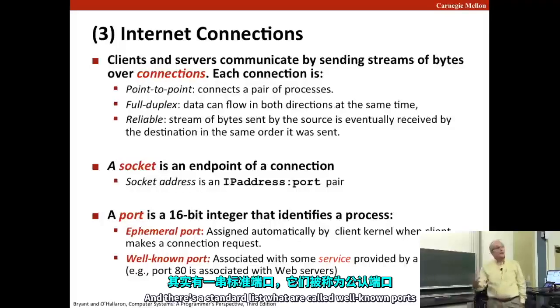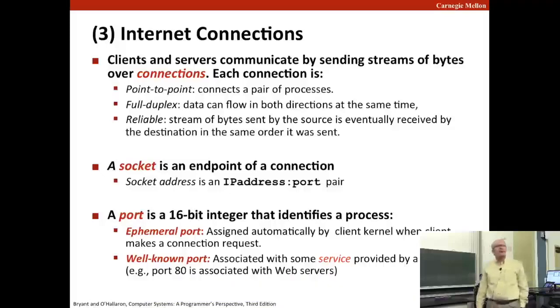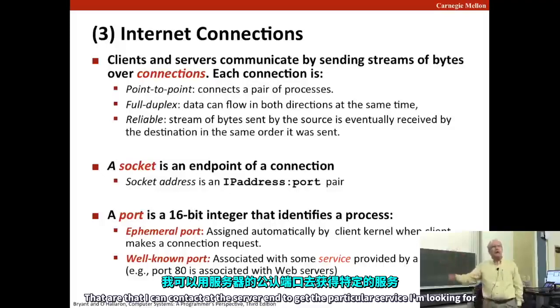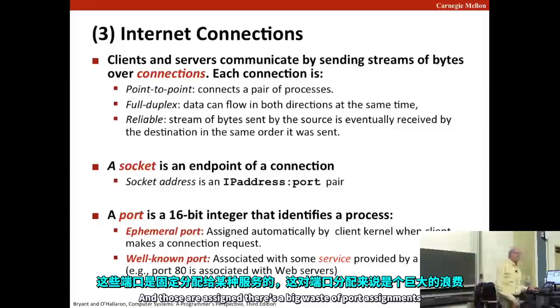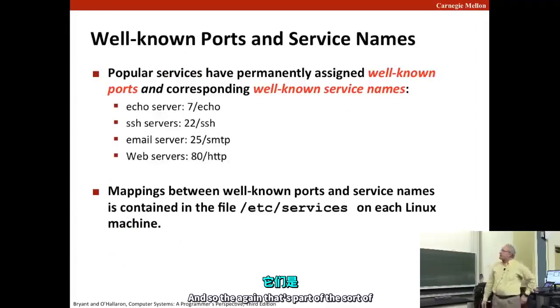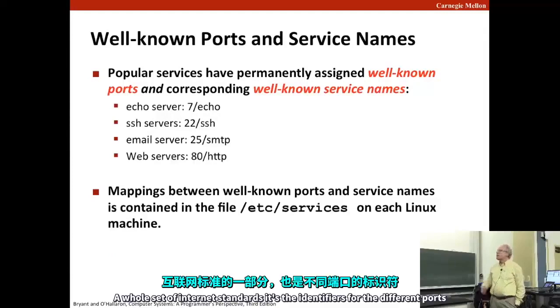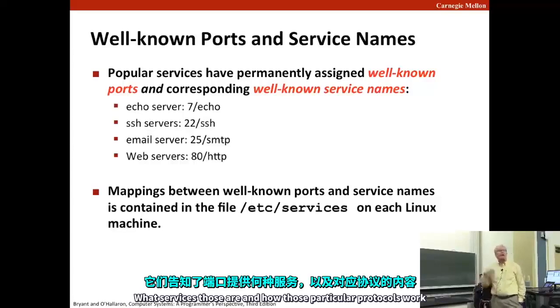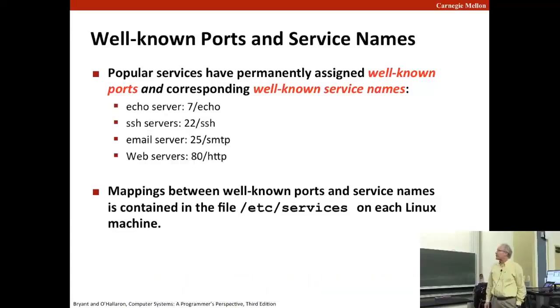There's a standard list, what are called well-known ports, that I can contact at the server end to get the particular service I'm looking for. There's a big list of port assignments. And that's part of the whole set of internet standards: the identifiers for the different ports, what services those are, and how those particular protocols work.